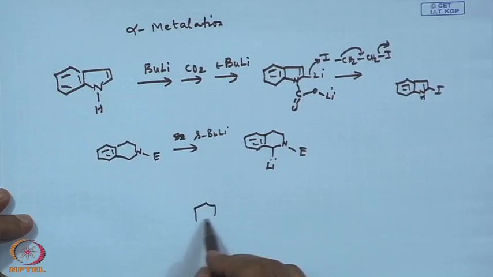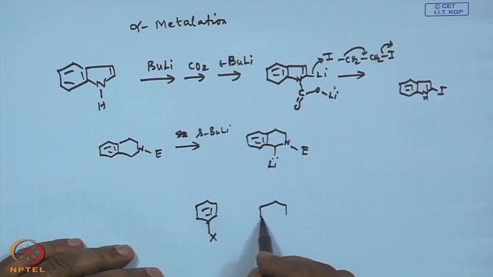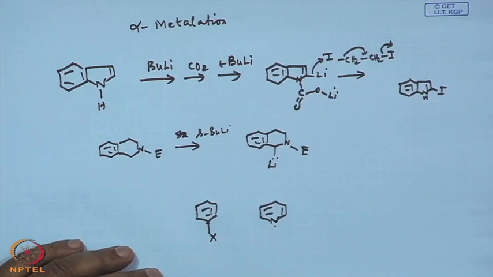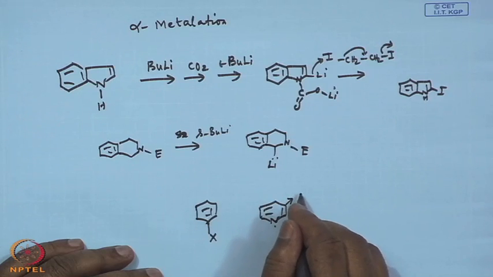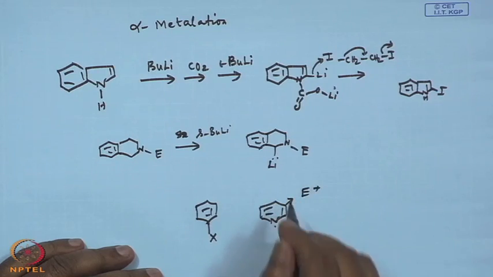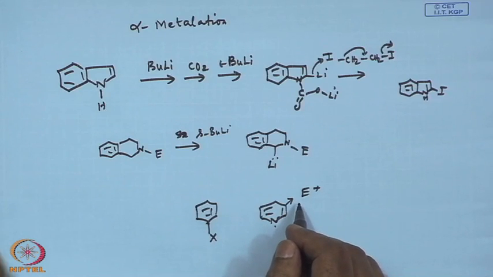So, that means in case of benzene, let us say it depends on the substituent here, but in case of pyridine you can think about, well, this is the substituent maybe. So, in that case this is ortho and meta, that means basically this is the most preferred position of the electrophilic substitution reactions.